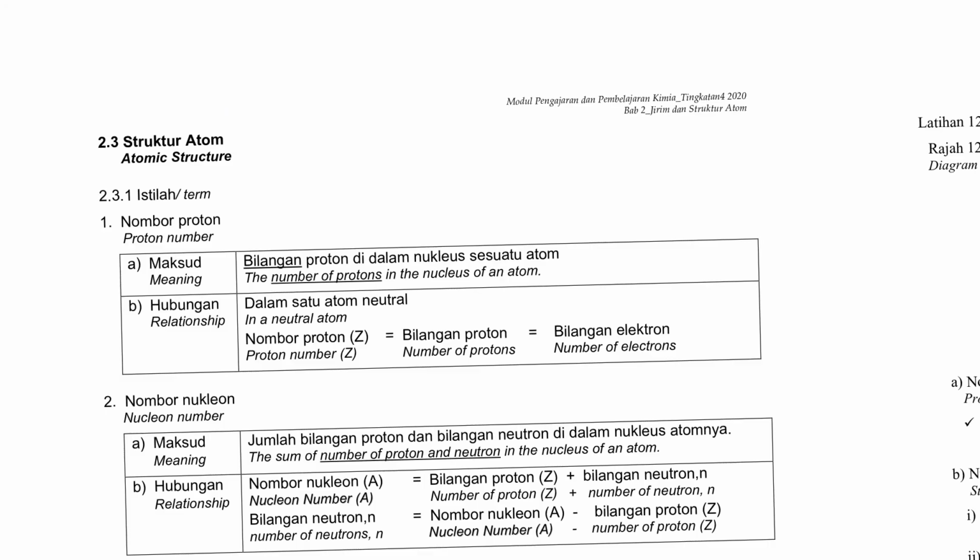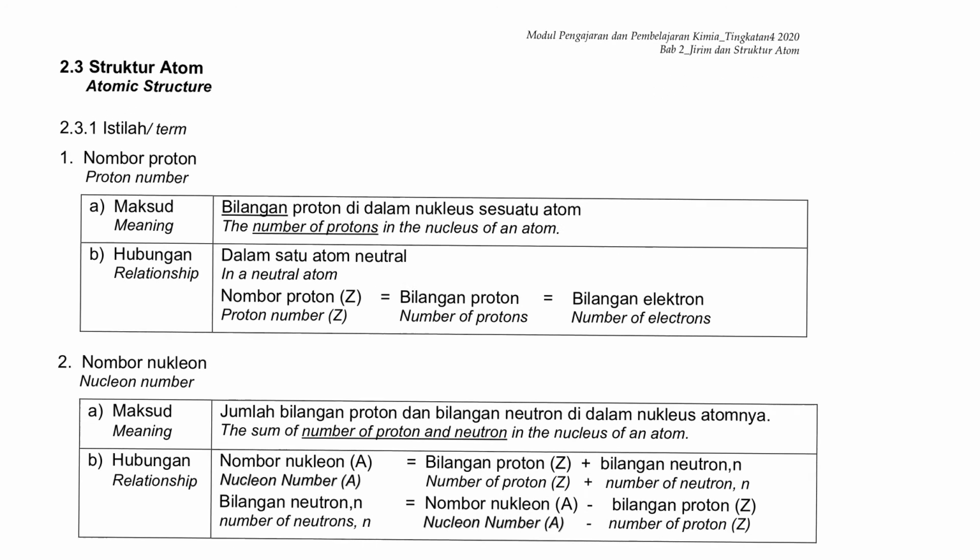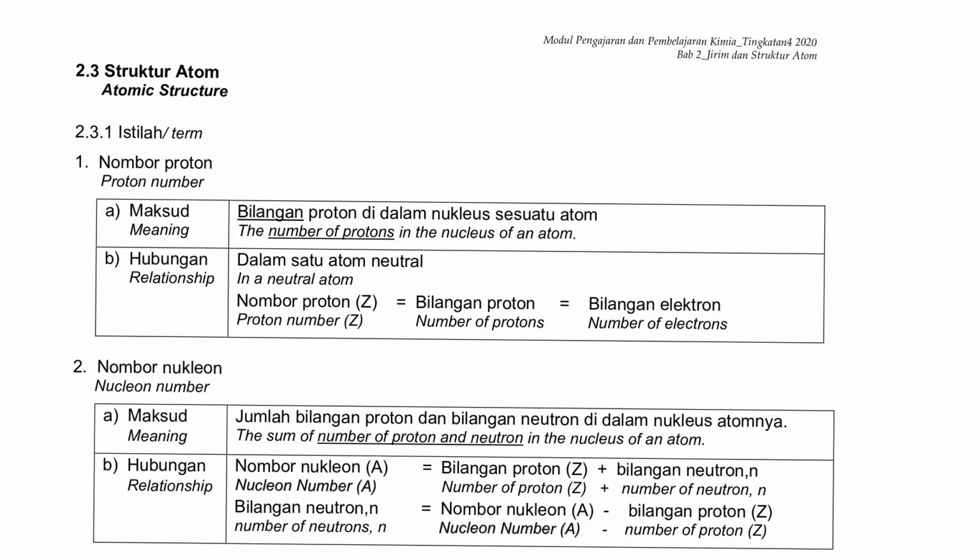Let us look at this reference book over here. This reference book is from a chemistry teacher, Guru Cemerlang Kimia. So I will use his book to explain to you furthermore. Let us look at the terms that are used in this chapter. I would like to remind you one more time, class.